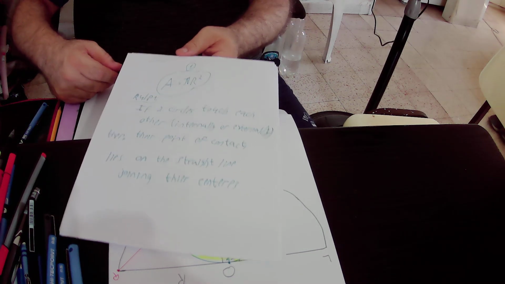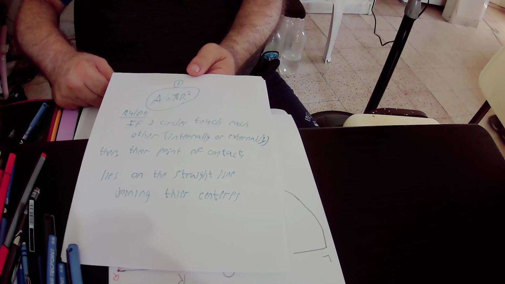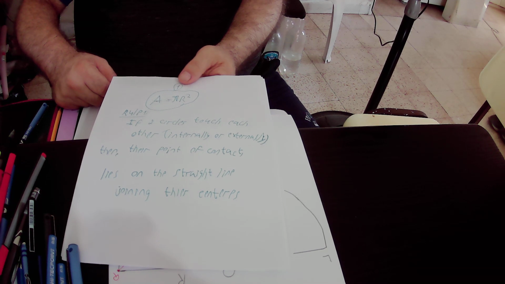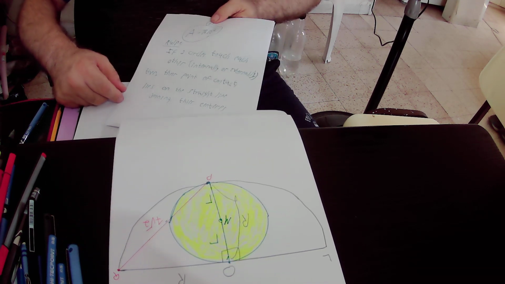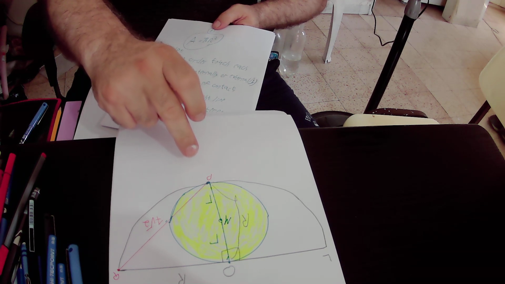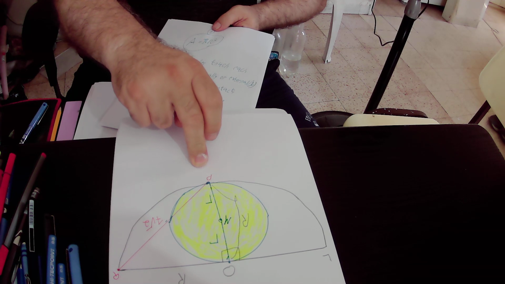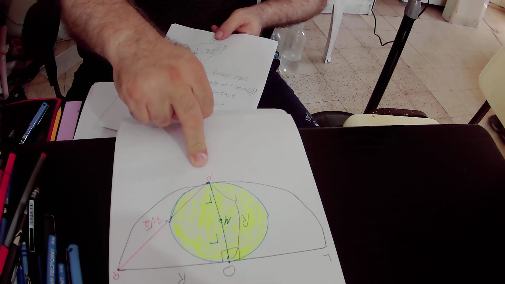if two circles touch each other internally or externally, then their point of contact lies on the straight line joining their centers. So if two circles touch each other, that is to say the yellow circle touches the semicircle at point P, so point P is also the point of contact.